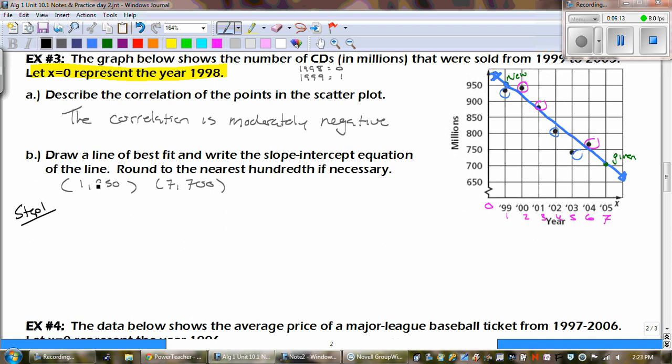Okay, so let's find the slope. Remember that the y's go on top, so we have 700 minus 950, and then 7 minus 1. Okay?